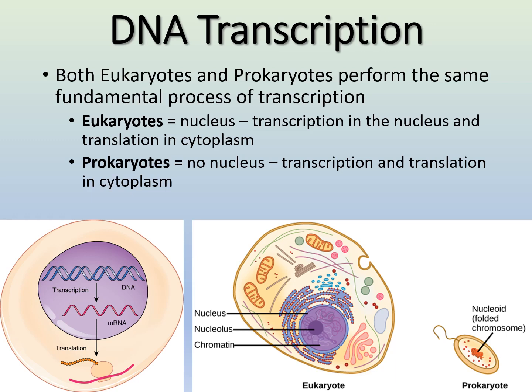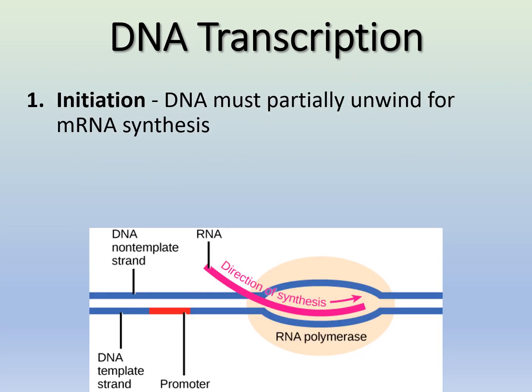Whereas in the prokaryotes, we don't have a nucleus, so we undergo transcription and translation in the cytoplasm. That's the difference between eukaryotes and prokaryotes, but we're essentially going to undergo a similar transcription and translation process. Mostly transcription. Translation is a little bit different, but we'll talk about that.